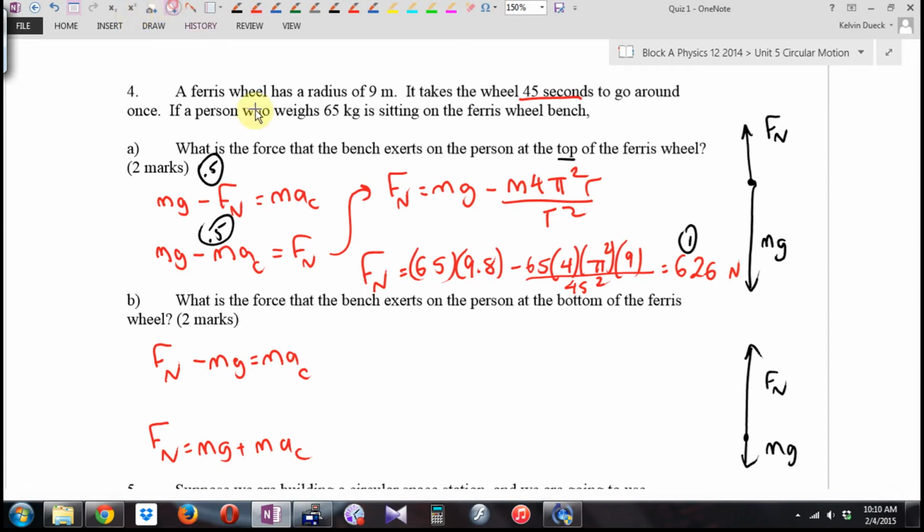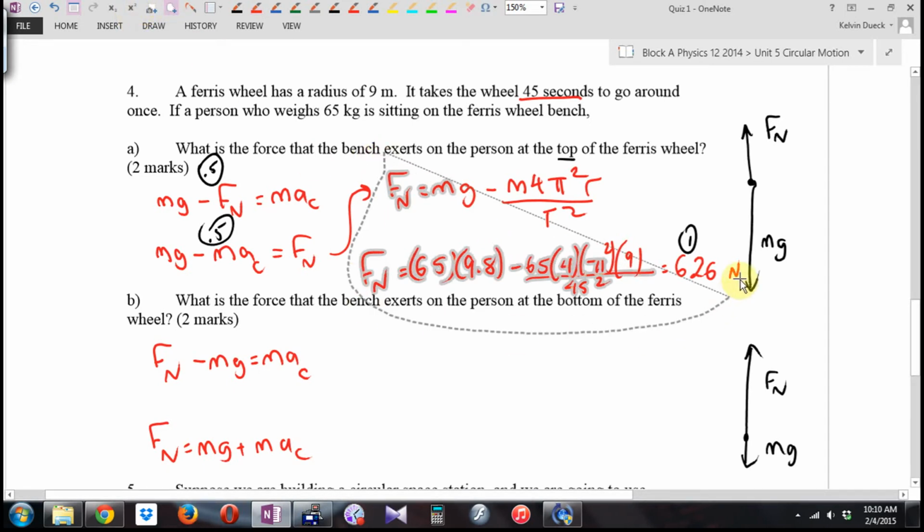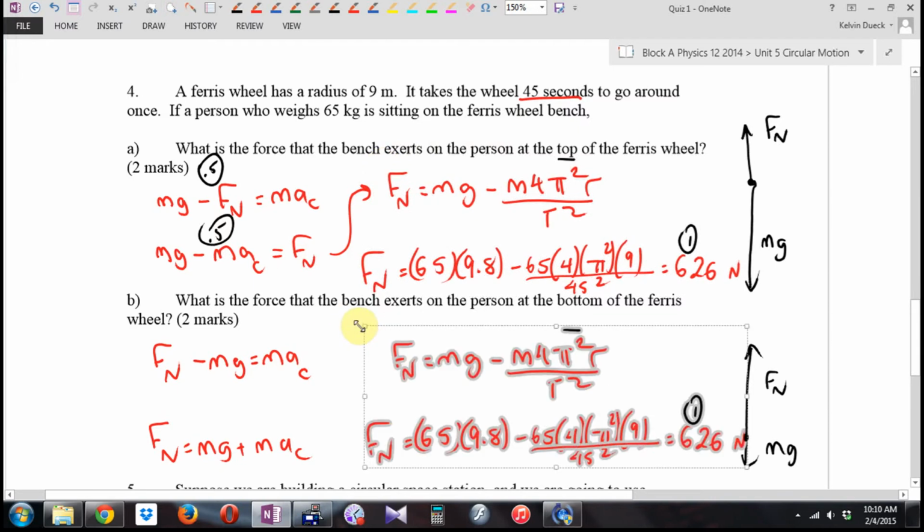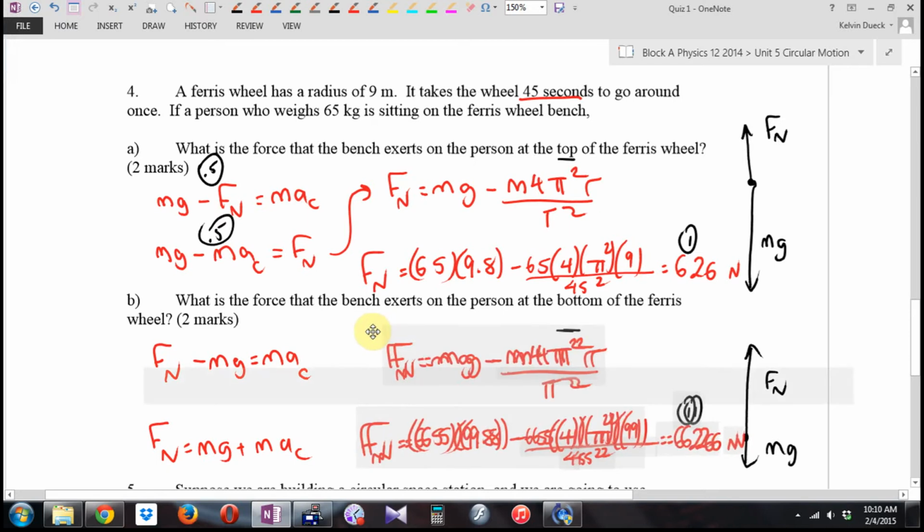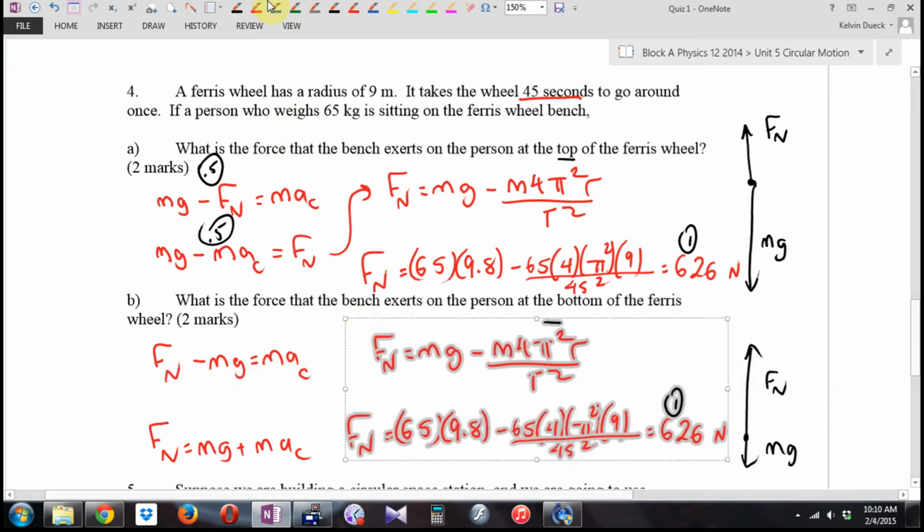Ready? This is going to be me being real clever. Copy, paste, move it over just a wee bit, and then plus, plus.